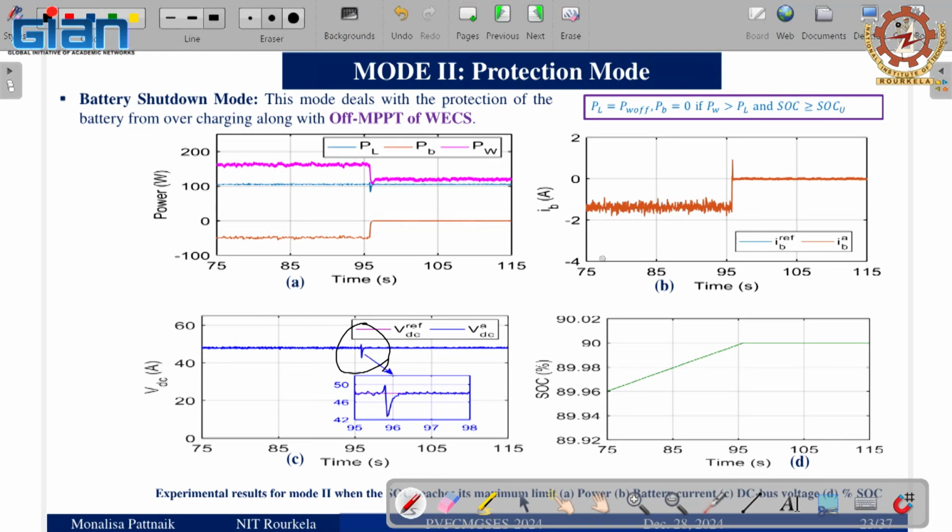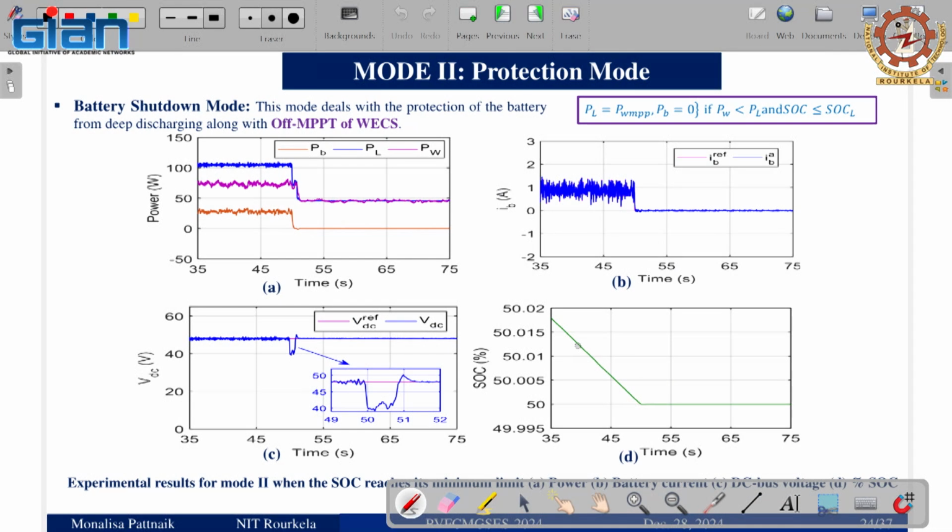These are new ideas we have introduced. We are able to manage the power balance and regulate the DC bus voltage while considering battery protection as well. This is the overcharging condition. Next is the deep discharge condition.